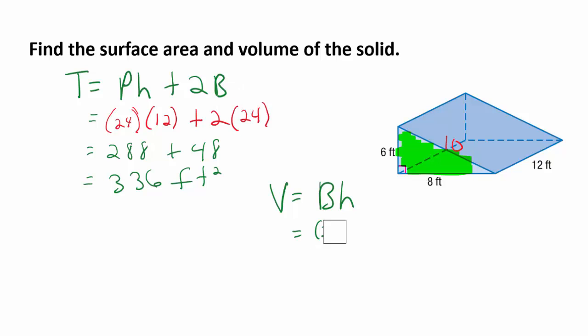That's 24. Our height is going to be the height of the solid, which is going to be 12. 24 times 12 is going to be 288 feet cubed. Again, you have to remember that surface area is squared and the volume is cubed.